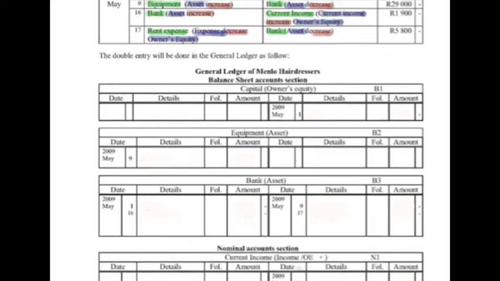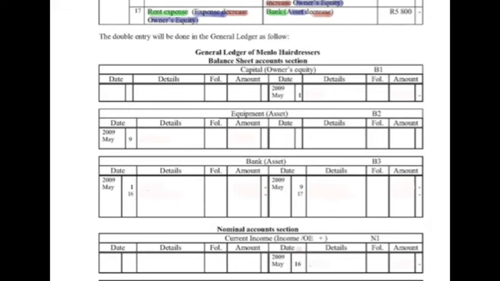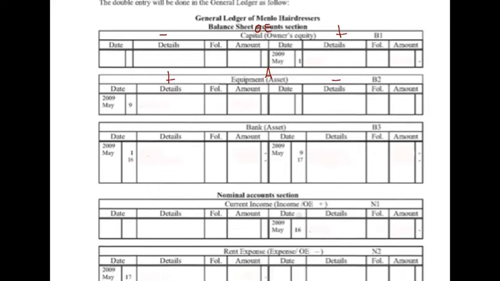When I go to capital, you can always make notes for yourself, which is always nice. If I consider all of my accounts very quickly, capital is an owner's equity, which increases and decreases. Equipment is an asset that increases and decreases.